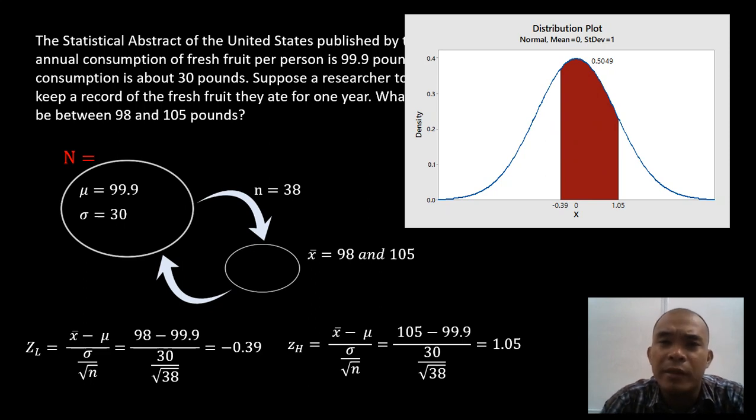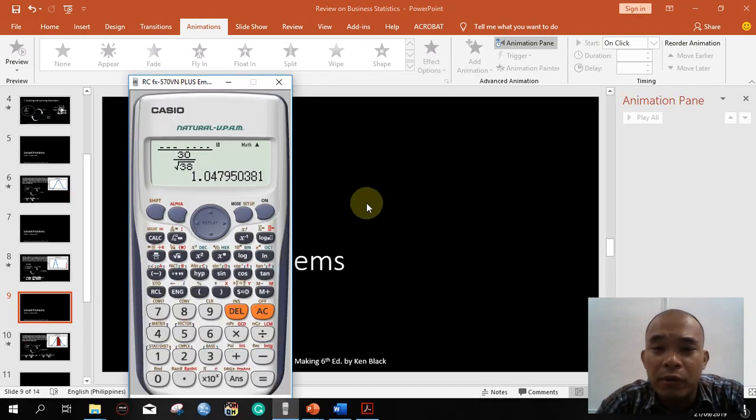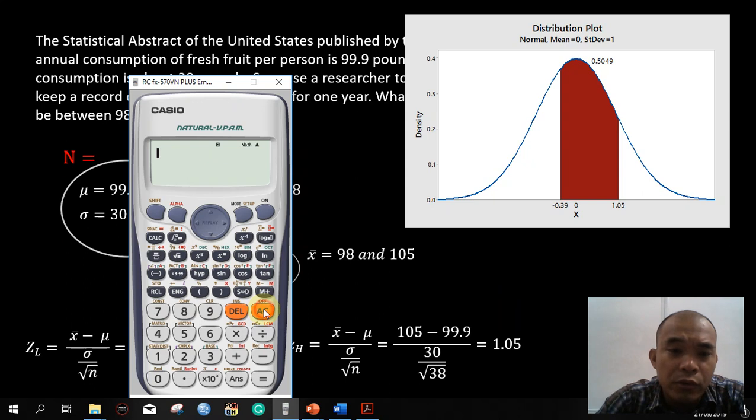In order to maximize the use of technology, we're going to use again our very powerful calculators. How are we going to do it? Make sure that you have the stat function here. So mode stat, and then 1, and then just press AC. So the stat function is already available. You go to shift stat 1, and then you go to the distribution, 5.